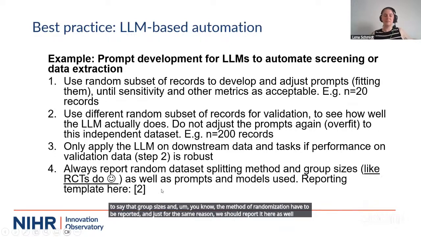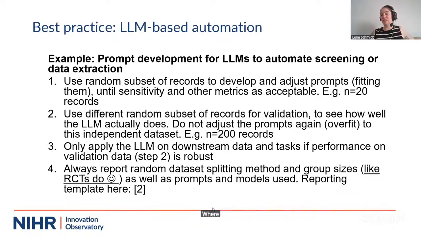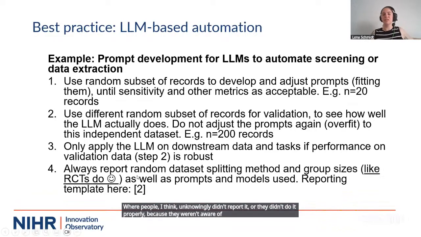I think recently there's been a trend in some automation publications where people unknowingly didn't report it, or didn't do it properly because they weren't aware of it. So it's really important that we report things correctly.